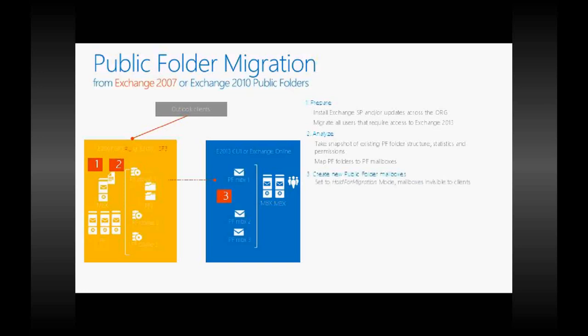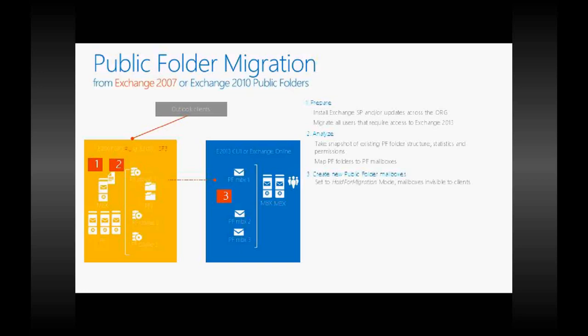So the next step is to create your public folder mailboxes, however many you need. Now, when we create them, there's a number of ways we can do this. We can do them individually, one at a time, or we can use the mapping file that we would have gained from using the mailbox map generator script, and use that to create the public folders in 2013.